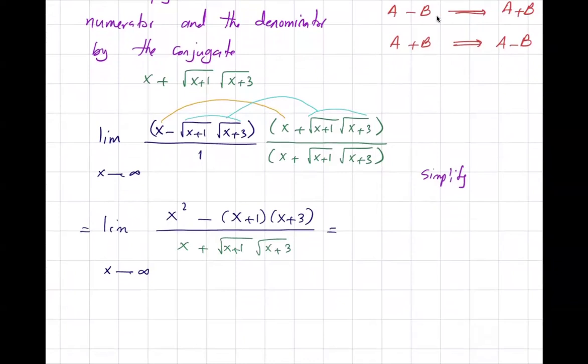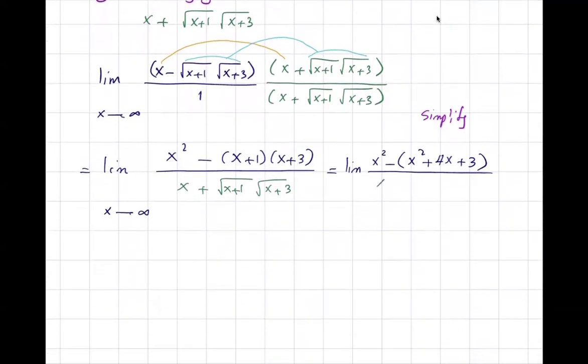So here you have the limit of x squared minus, open parenthesis, x squared plus 3x plus 1x, or 4x, plus 3, divided by, I'm going to copy down the denominator, x plus square root of x plus 1 times square root of x plus 3 as x goes to infinity.